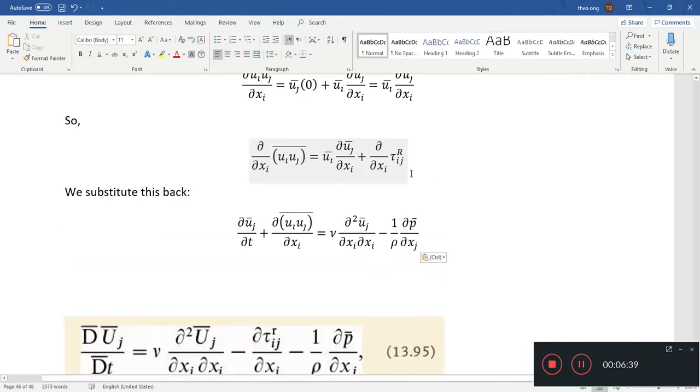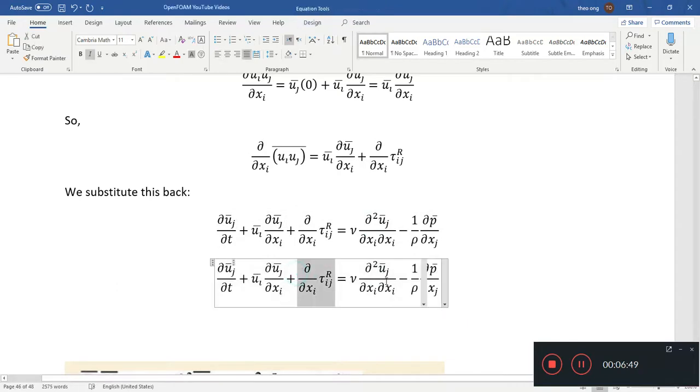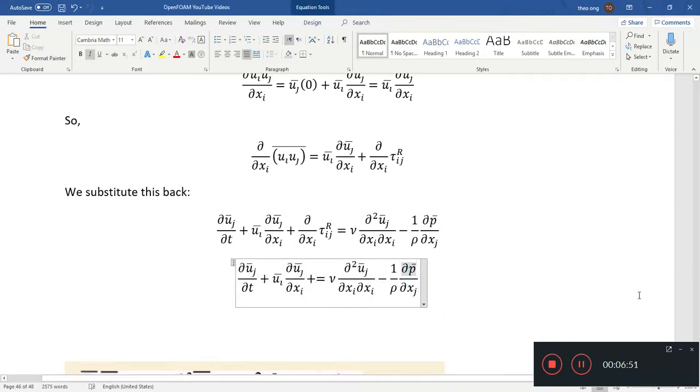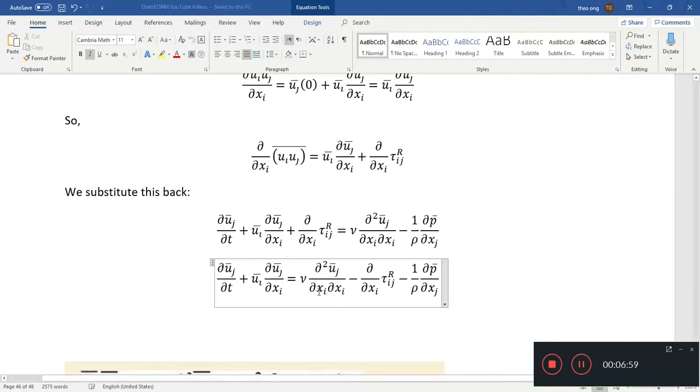I'll substitute these two terms back here, and bring this over to the other side, and we are more or less done.